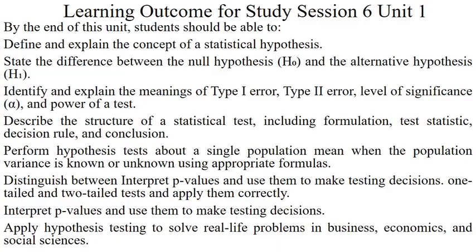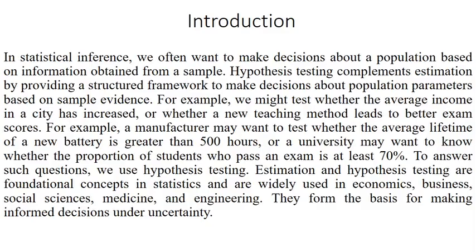I think I emphasized it in study section 6 unit 1. Also, interpret p-values and use them to make test decisions, distinguish between one-tailed and two-tailed tests, and apply them correctly. Then apply hypothesis testing to solve real-life problems in business, economics, and social science.